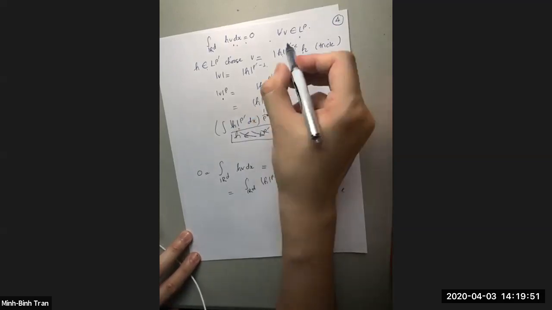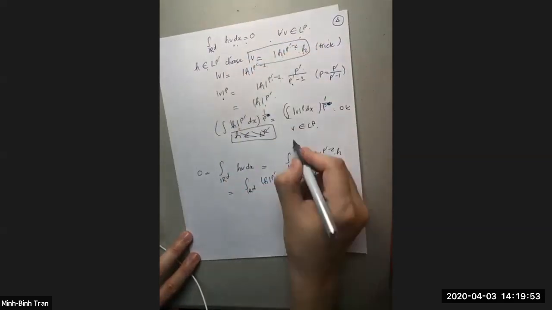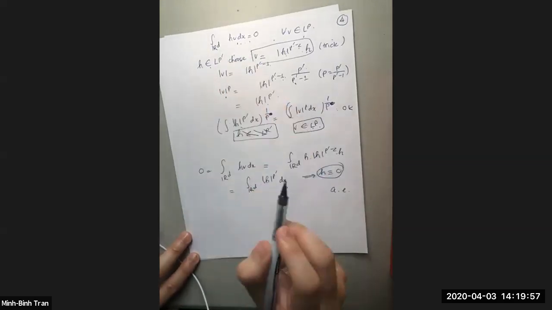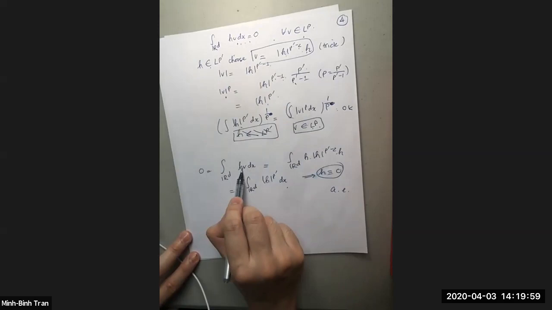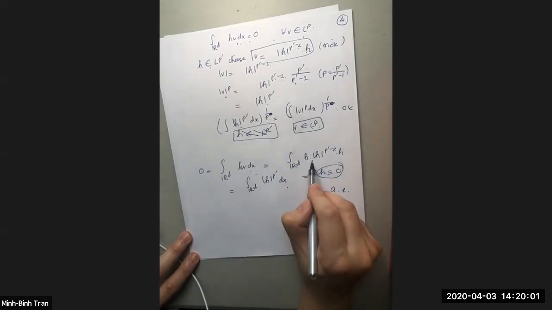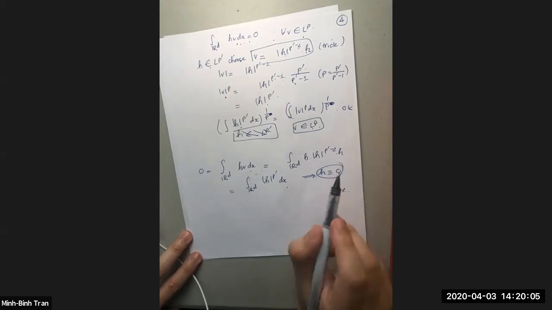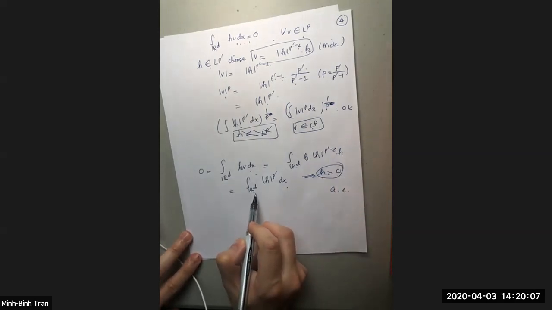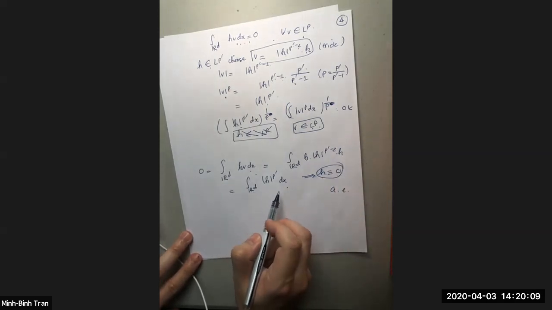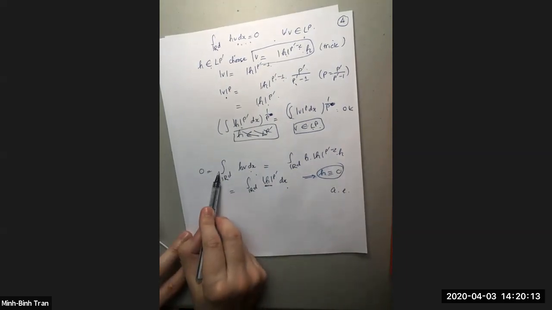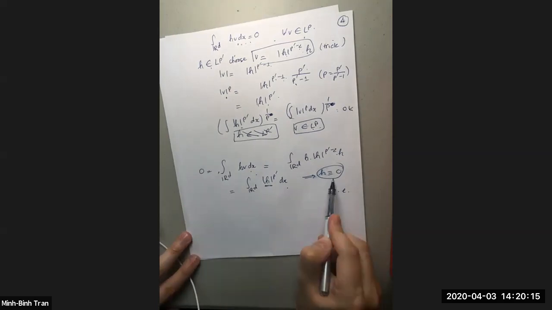So this choice will give you a function V in LP. Now you multiply this here, what do you get? You get that the integral of HV dx is going to be the integral of H^(P prime minus 2) H, right? And this is going to be the integral of H^(P prime) dx. But this is a positive quantity, and this is going to be 0, meaning that H has to be 0, right?